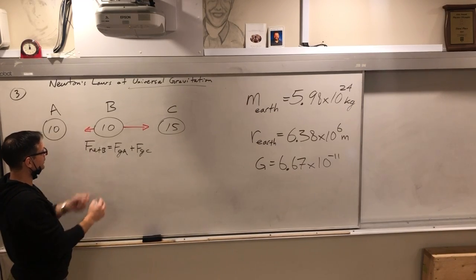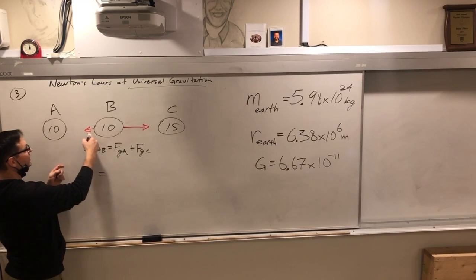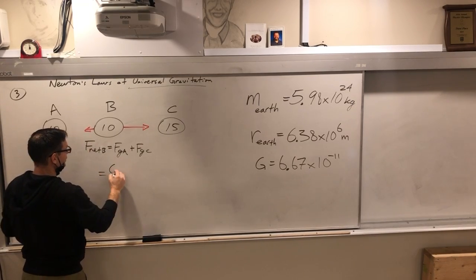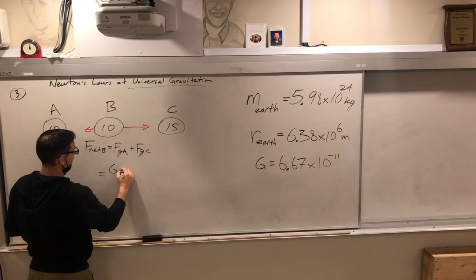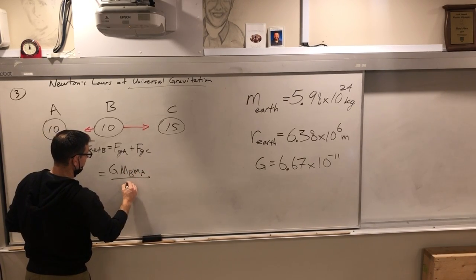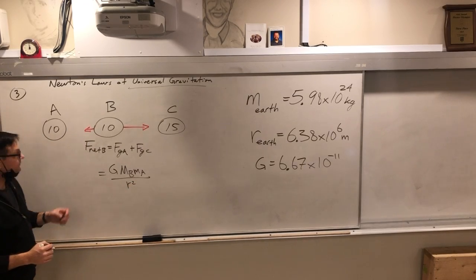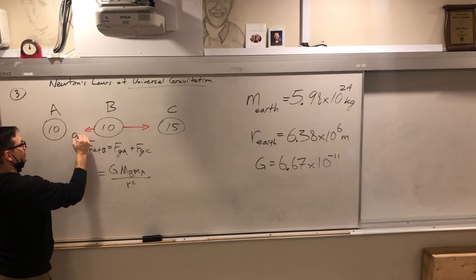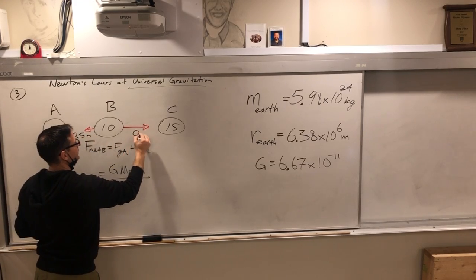Okay, if we do this, this FGA is big G MB times MA over R squared. This is still 0.5, did you say? Yeah, 0.5 meters, and this is 0.5 meters.